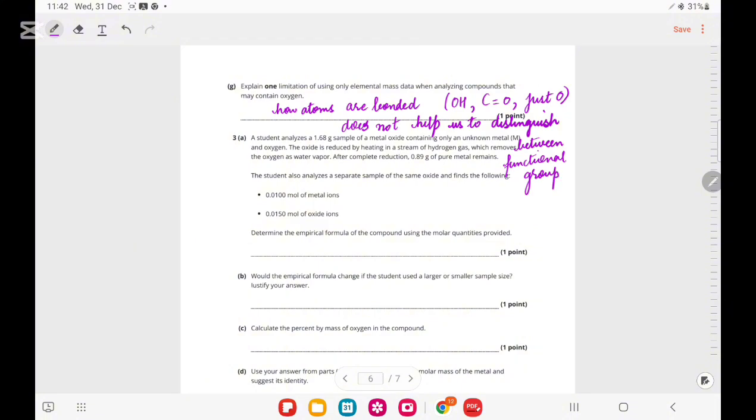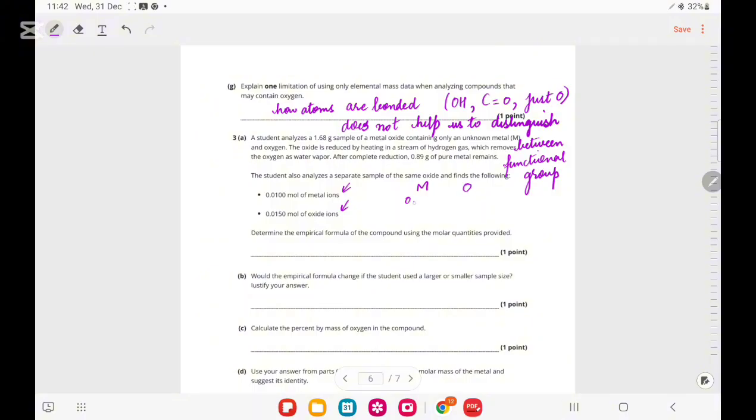In the next question, they are saying a student analyzes a 1.68 grams sample of metal oxide containing only an unknown metal and oxygen. The oxide is reduced by heating in a stream of hydrogen gas, which removes the oxygen as water vapor. After complete reduction, 0.89 gram of pure metal remains. So these are the moles that are given to us, and they want us to find the empirical formula. So first we have metal ion, then we have oxygen ion.